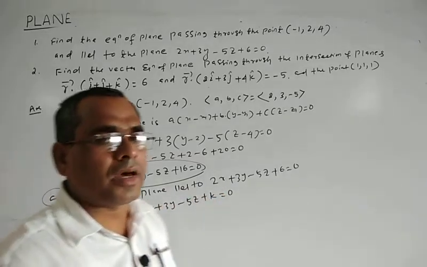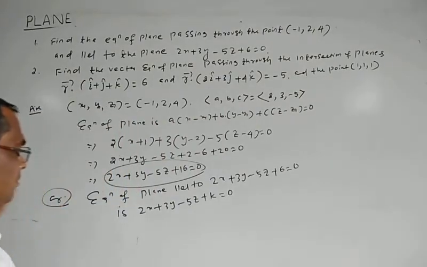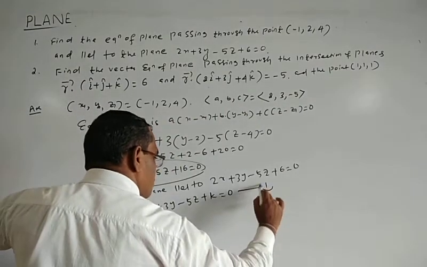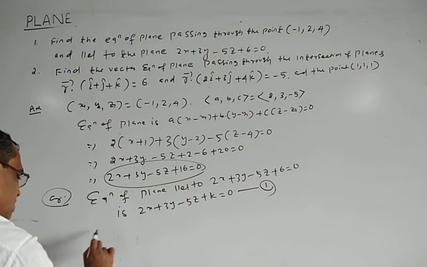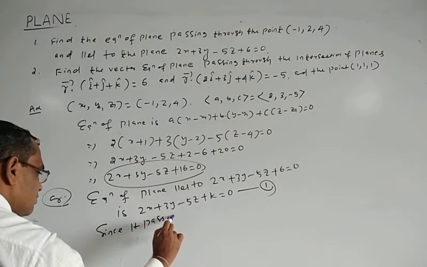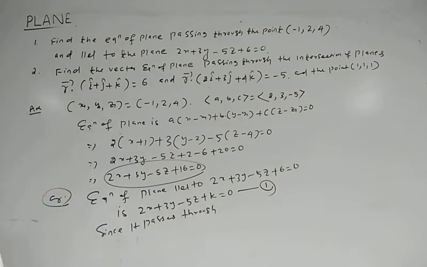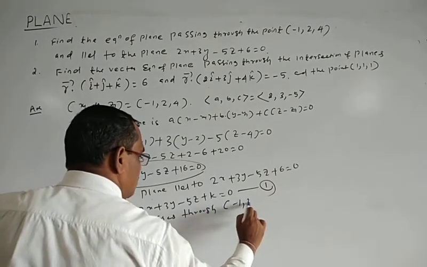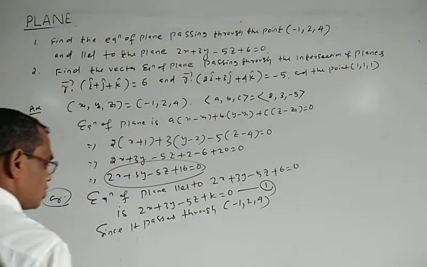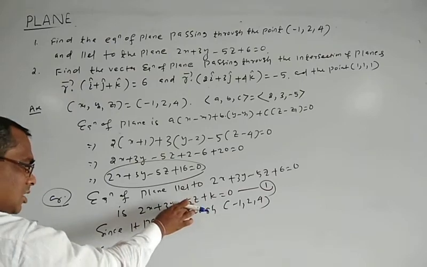The equation of the plane parallel to the given plane is this one, plus k is equal to 0. Let this be equation 1. Since it passes through minus 1, 2, 4, this point satisfies equation 1.